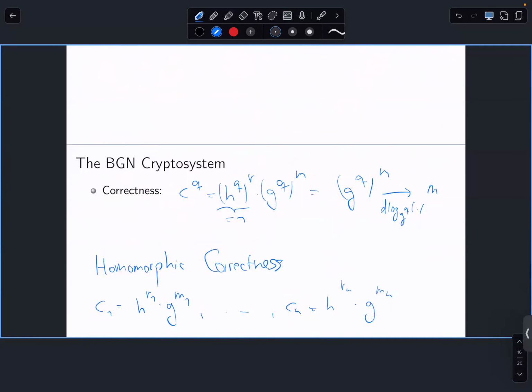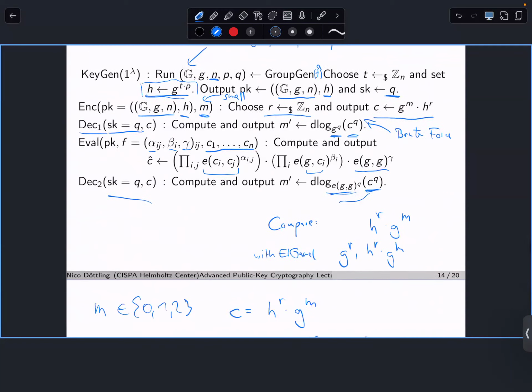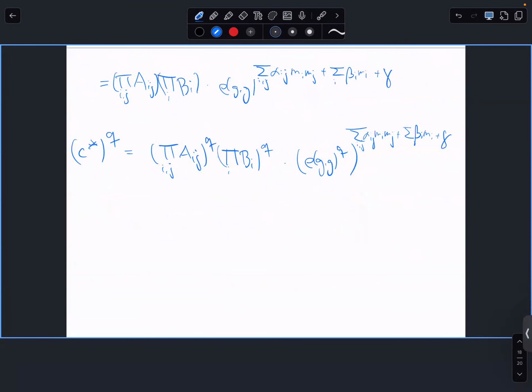Recall that after we compute this C to the Q, we take a discrete log with respect to E(G, G) to the Q, which I've already written here.